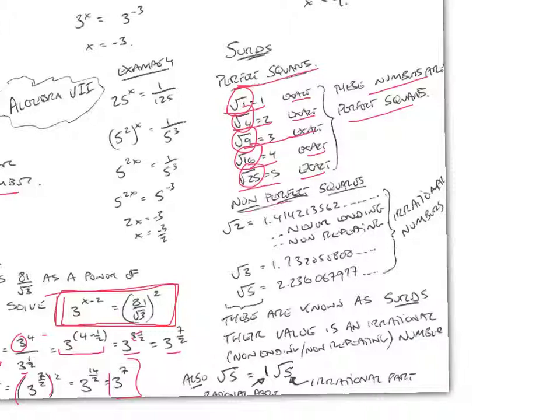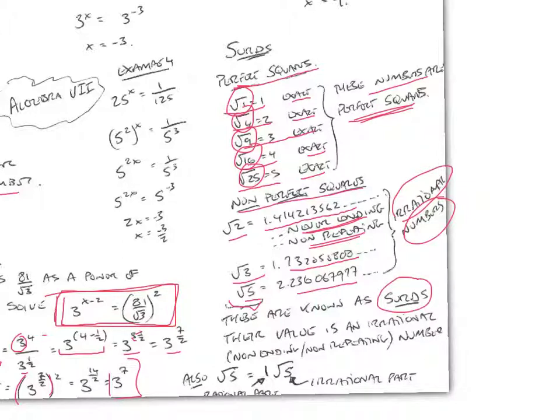What about non-perfect squares? The square root of 2 is this big long never-ending, non-repeating number. The square root of 3 is this never-ending, non-repeating number. Root 5 is the same. And these are irrational numbers. They're never-ending, non-repeating. These guys are perfect squares. So root 3 and root 5, they're known as surds.